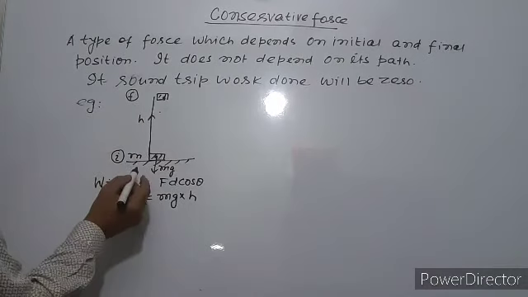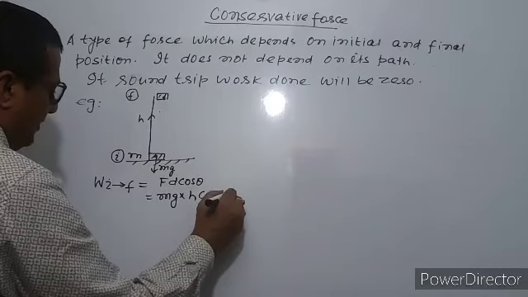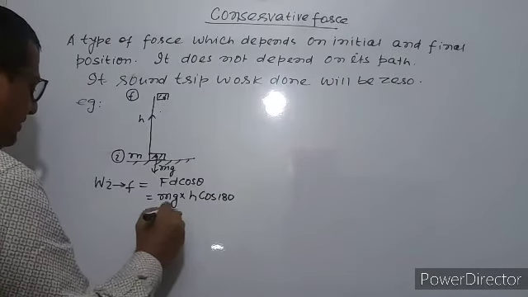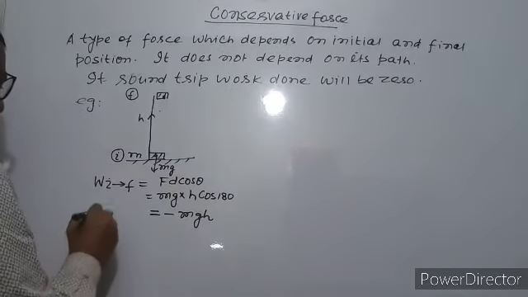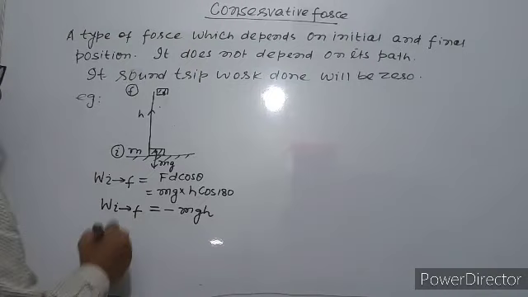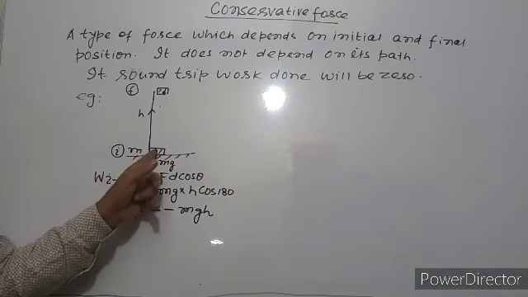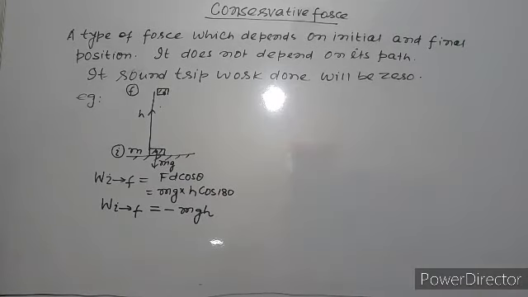Force is acting downward and displacement is upward, so this will be cos 180 degree. We get here minus mgh. Work done I to F, where I is the initial position and F is the final position, is minus mgh.